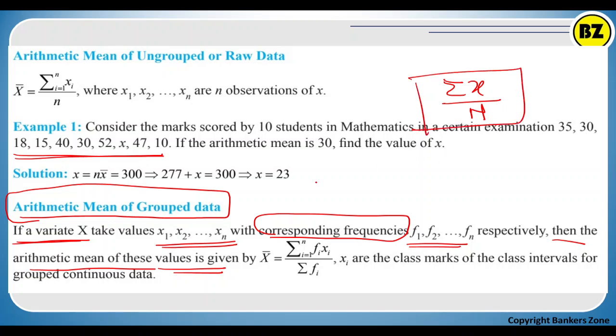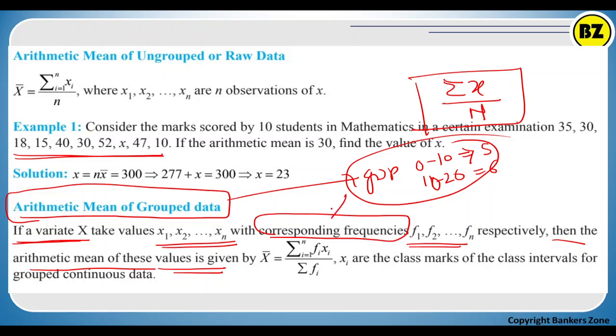Now if the data is given in the form of groups, for example, students of age 0 to 10 have the score 5, students with age 10 to 20 have the score 6, like that, then you have to use this formula. Very simple.